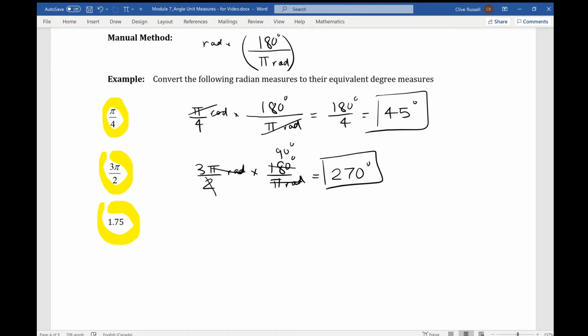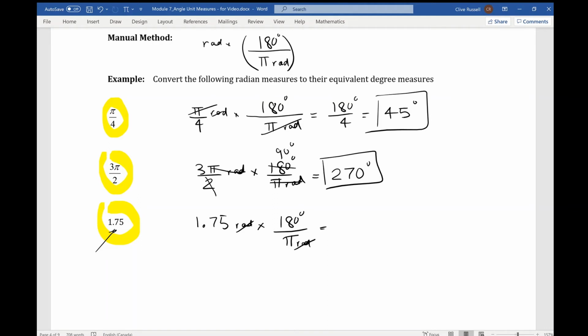Now the third one, notice that this is now in pure radians. So you do the same thing, 1.75 radians, you multiply by the 180 degrees divided by pi radians. Now there's no pi to cancel, but you could certainly get rid of your units there and you're left with degrees.